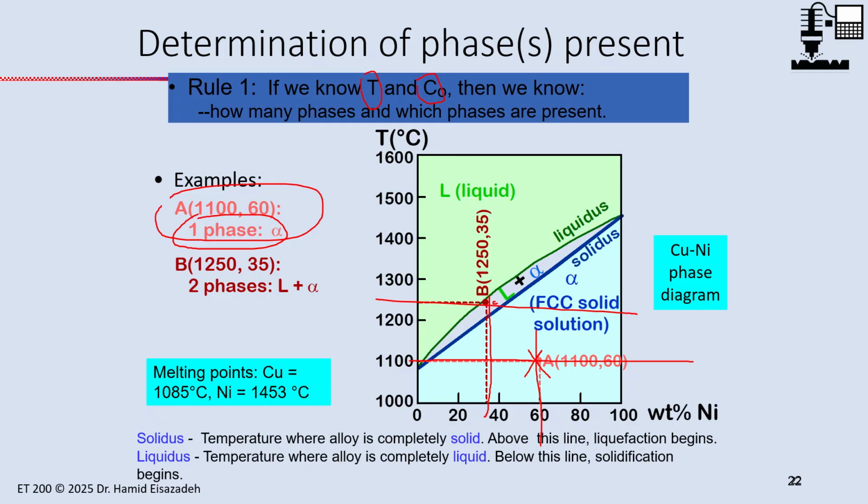So we are in this gray area. In the gray area, we have both liquid and alpha. Alpha is a solid material. So we have two phases.